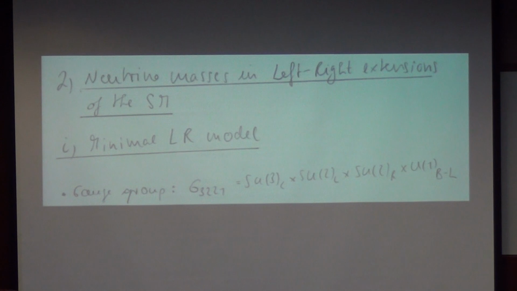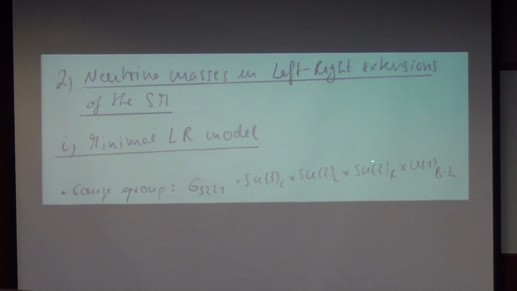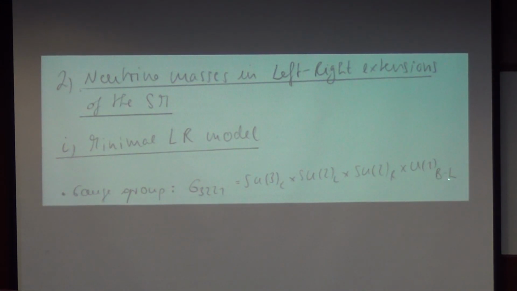What you have here is the SU(3) color of the standard model, the SU(2) left of the standard model, but in addition, since you want to make everything left-right symmetric, you also have an SU(2) right symmetry. So now instead of your weak hypercharge U(1), you have here an SU(2) right times a U(1) symmetry, which I named B minus L, and you will very soon see why, because the quantum number is just the baryon number or the negative of the lepton number.